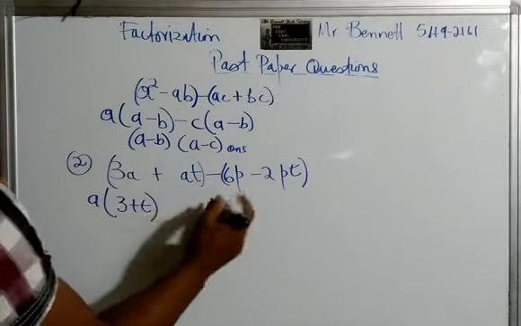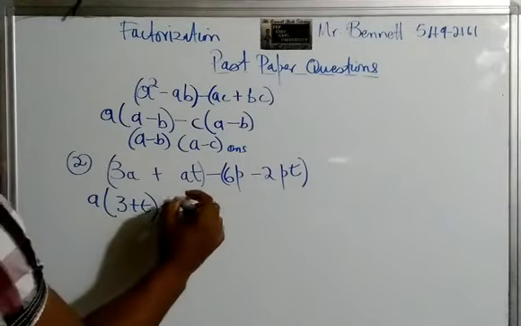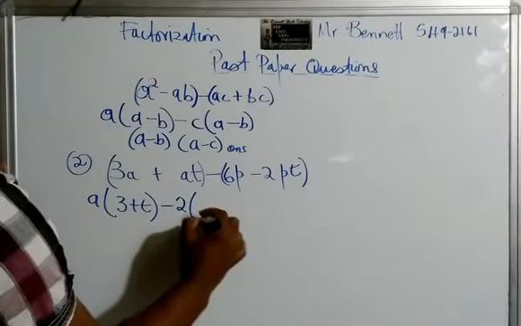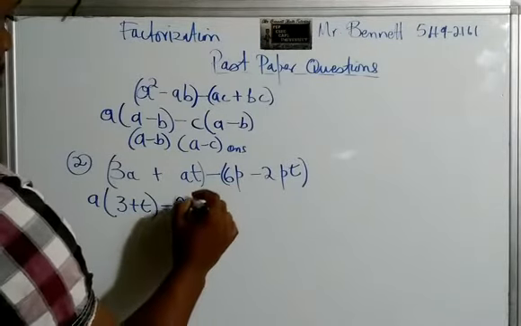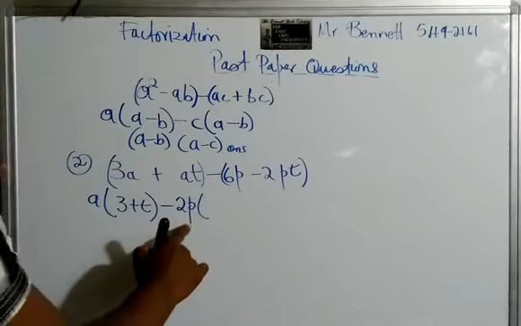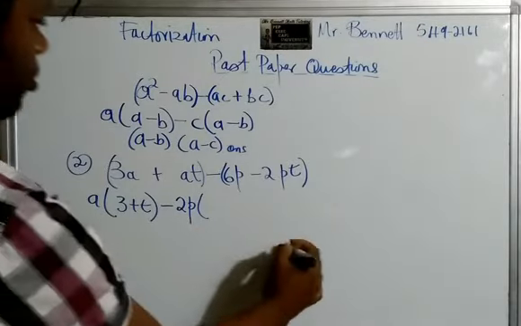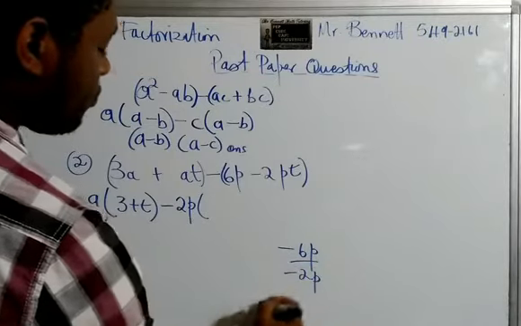Now what's the highest common factor? The highest number that can go into 2 and 6 without a remainder. Alright, here 2, very good, you are indeed correct. But also, not just 2, P is common also. So it will be 2P. So 2P into, let's show this one, negative 6P divided by negative 2P.